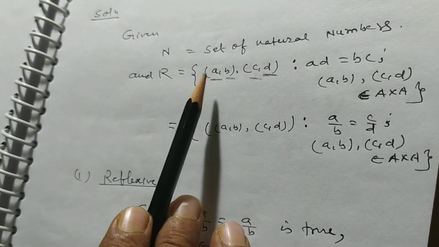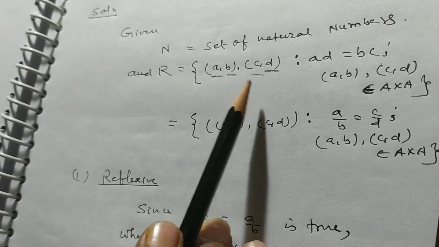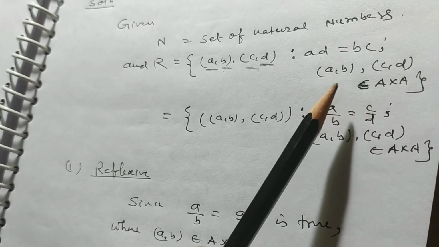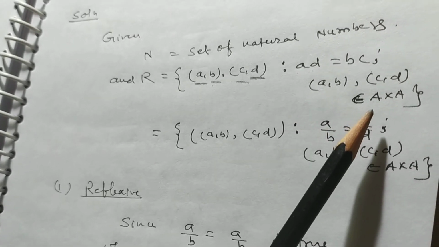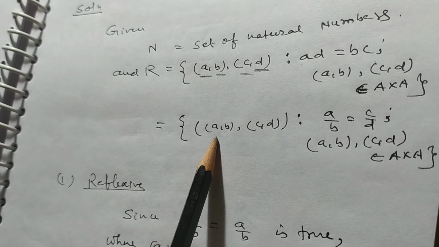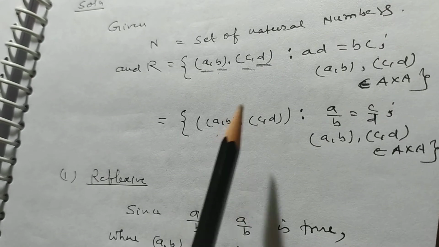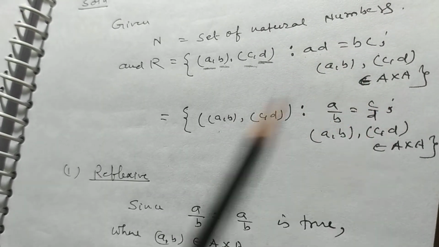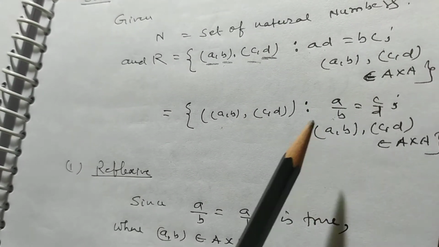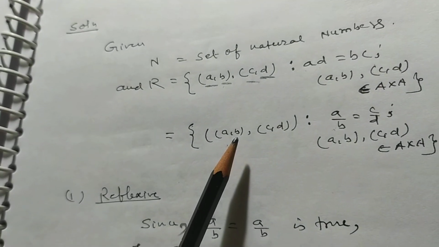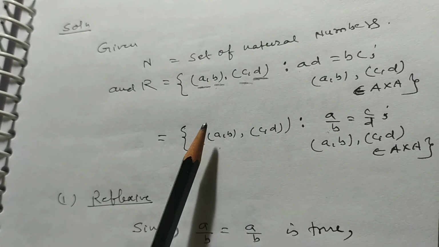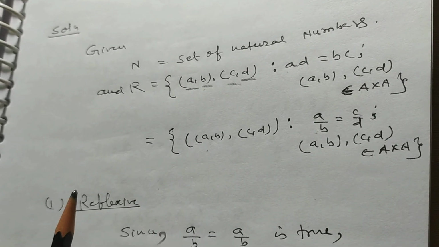So the relation is defined by this rule, where (a, b), (c, d) belong to N Cartesian product with N. We do some simplification here. ad is equal to bc. It can be written as a/b is equal to c/d. So now, students, it is my suggestion that you solve this problem frequently and you apply some technique.